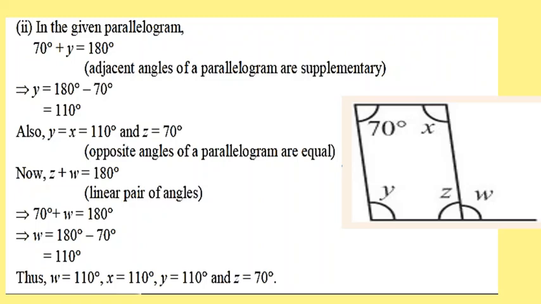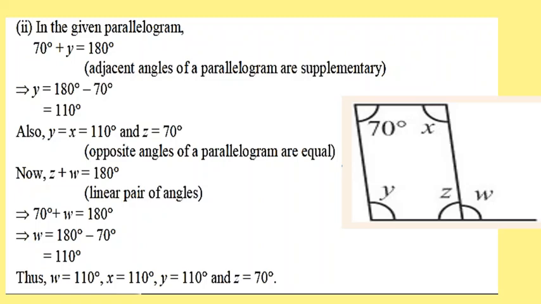Next problem is here. You can see the picture. W is the exterior angle. Outside you can see one angle, right? Exterior, outside the quadrilateral.